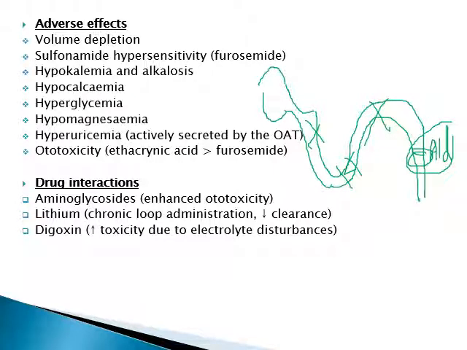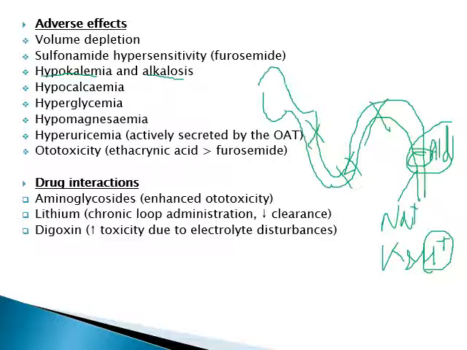Actually, the body will try to conserve the sodium, so the actions of aldosterone will increase. So what is the role of aldosterone? It causes sodium retention at the expense of potassium and hydrogen excretion. So due to this increased activity of aldosterone, there can be increased excretion of potassium, explaining this hypokalemia, and increased excretion of hydrogen ions, explaining alkalosis.